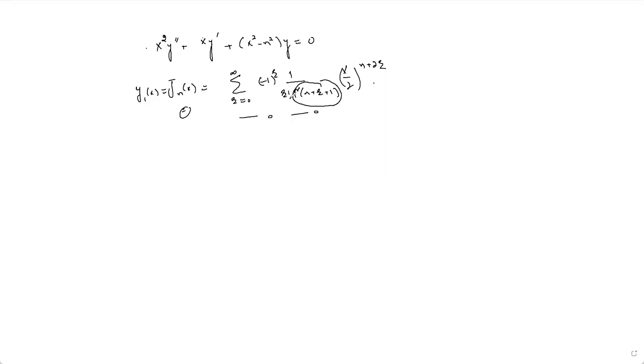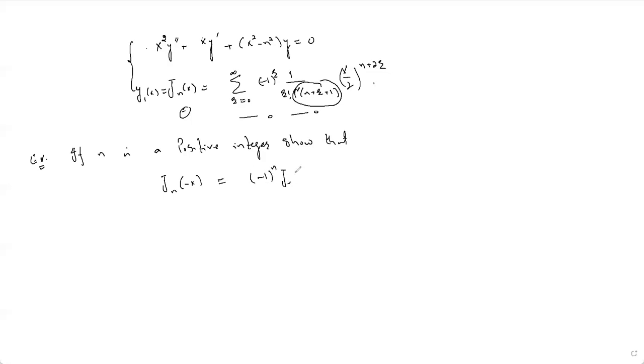Now in today's lecture and in coming lectures, we will be discussing some properties of these Bessel functions of the first kind. So first of all, the first example I'm considering today: if n is a positive integer, then we need to show that Jn of minus x, taking this function along the negative axis, is always given by minus 1 raised to power n times Jn of x.